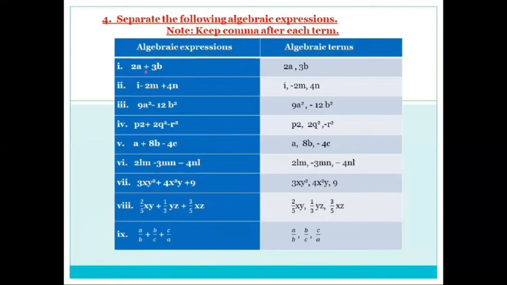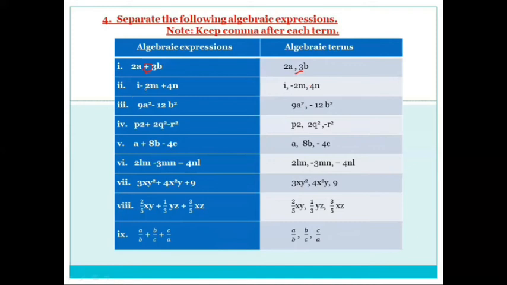But when we remove these, we have to show it in terms. We have to separate the terms. How many terms are here? After plus or minus, here is plus, I will change plus into minus. So this will become 2a minus 3.